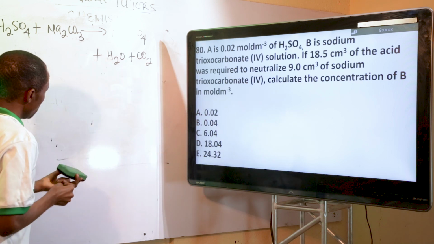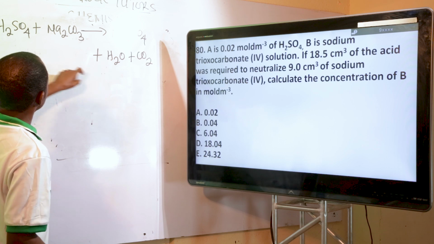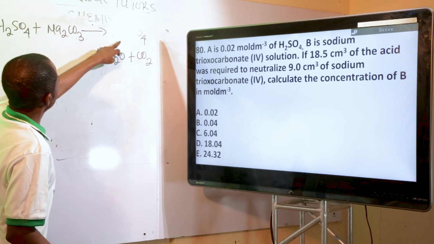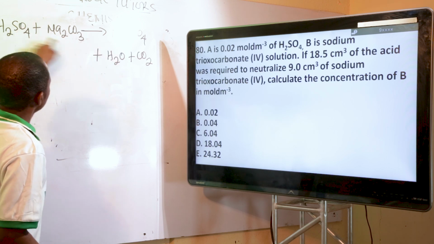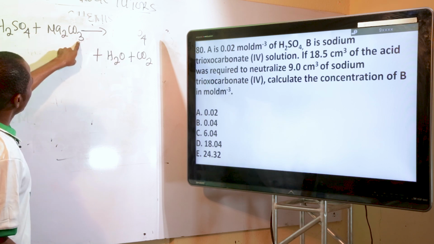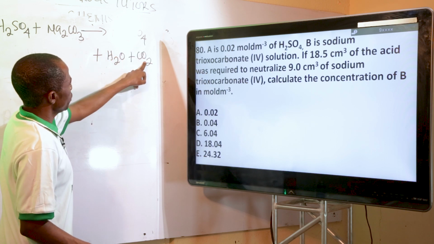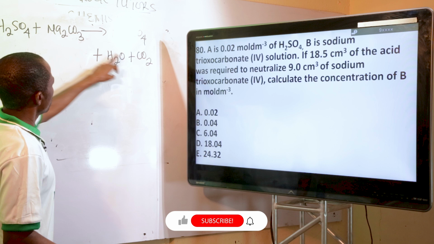Now, if you look at this, everything is balanced. 2 hydrogen, 2 hydrogen. Sodium is 2 here. 1 sulfur, 1 sulfur. Oxygen is 4 plus 3 making 7. There is 4 plus 1 making 5, plus 2 making 7. And then carbon is 1, carbon is 1.